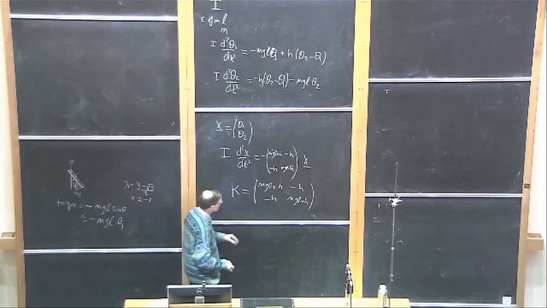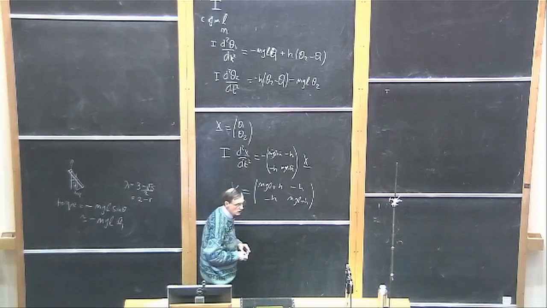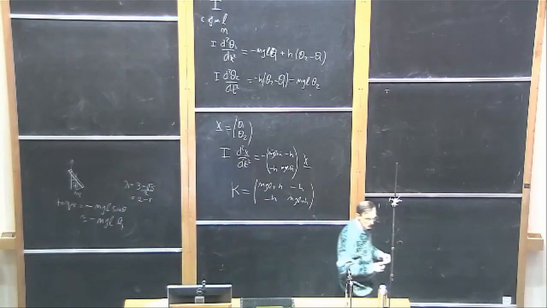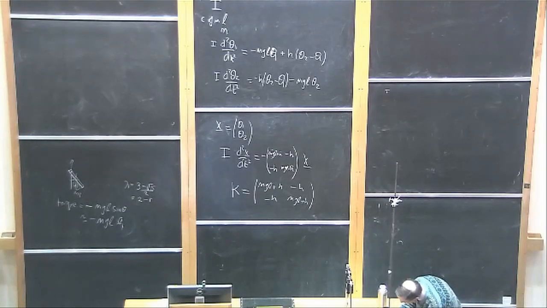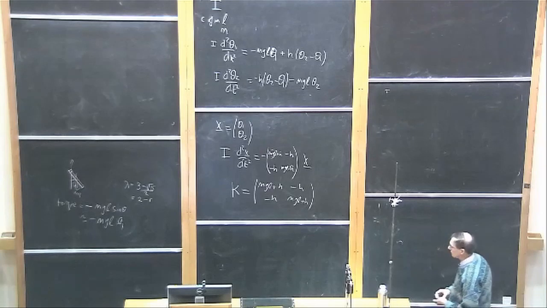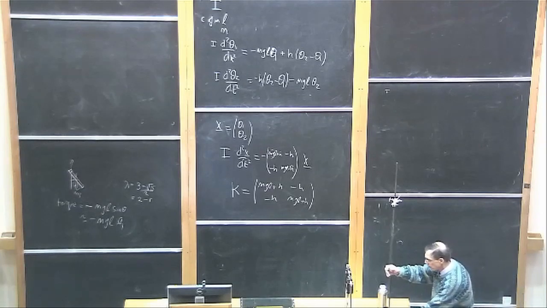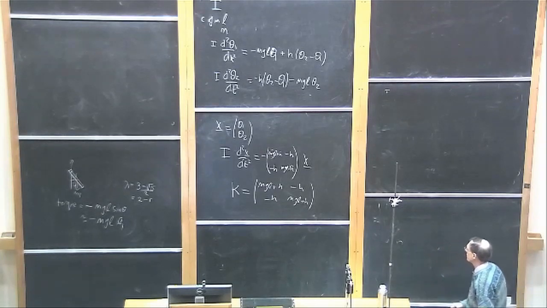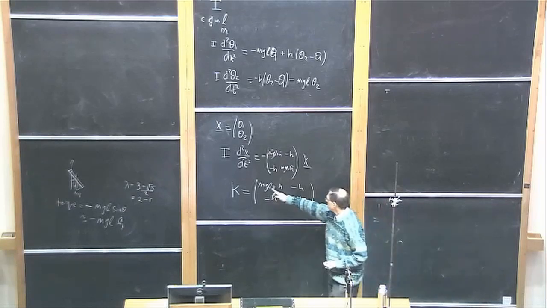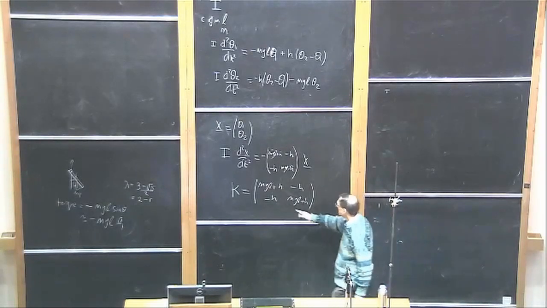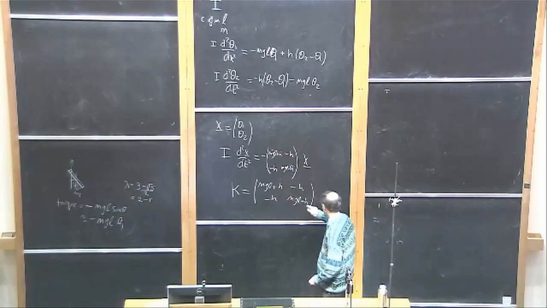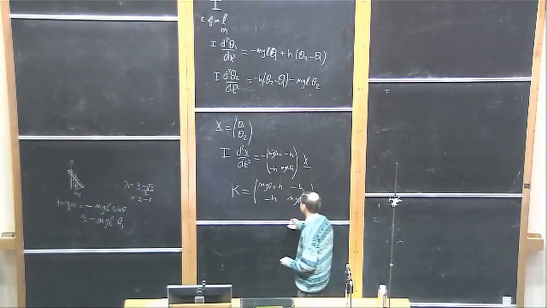So that's still very similar to the equation of motion that we had where we had the extra fixed point for this system, where the matrix had the 1,1 and the 2,2 elements identical. We have that again: mgl plus h and mgl plus h.